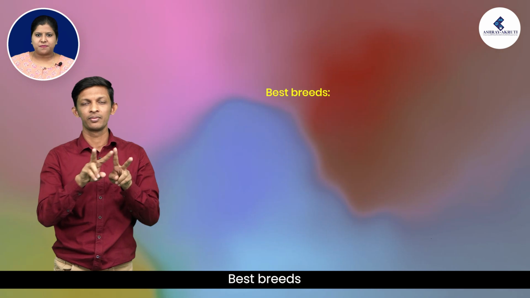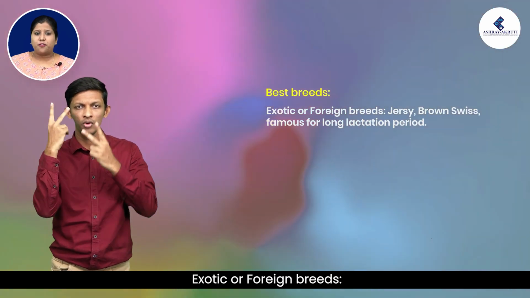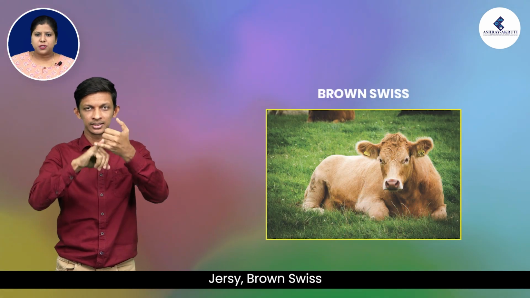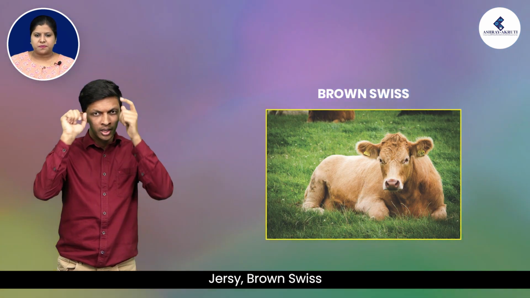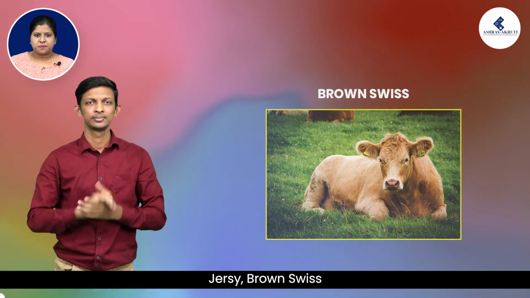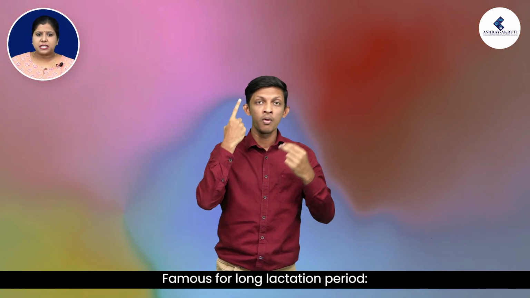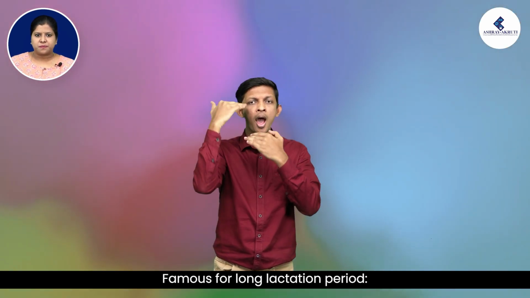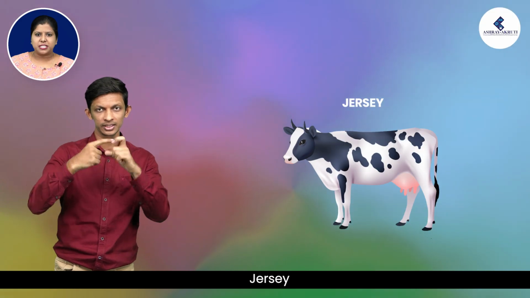Best breeds: exotic or foreign breeds: Jersey, Brown Swiss. Famous for long lactation period. Jersey.